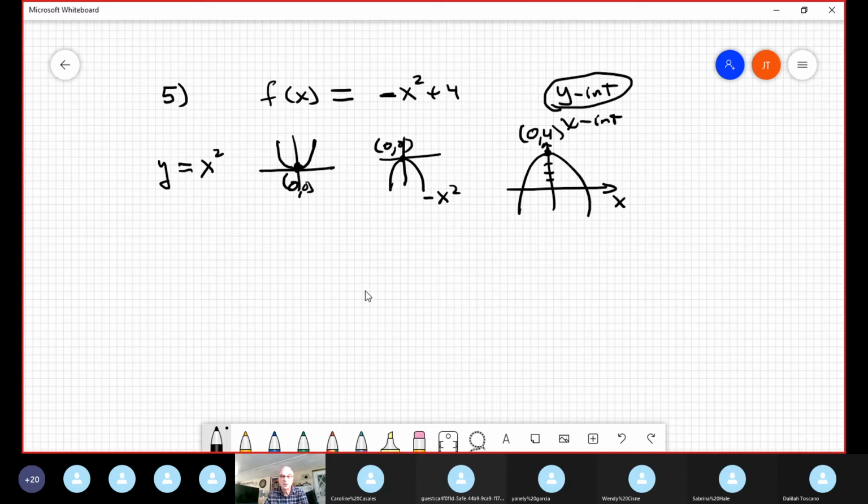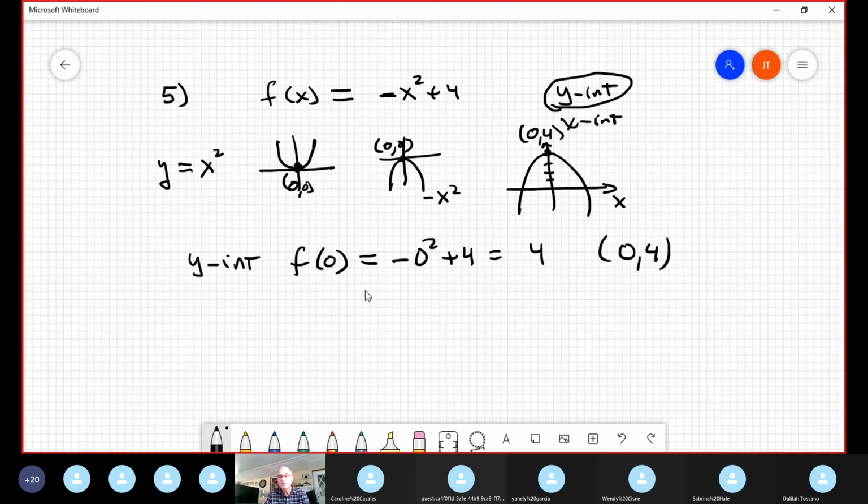Remember, what is the formula for finding the y-intercept always? Evaluate the function at 0 using function notation. Entonces, minus 0 squared plus 4 is 4. And the point is the famous 0, 4. This is no surprise because we analyzed this idea.